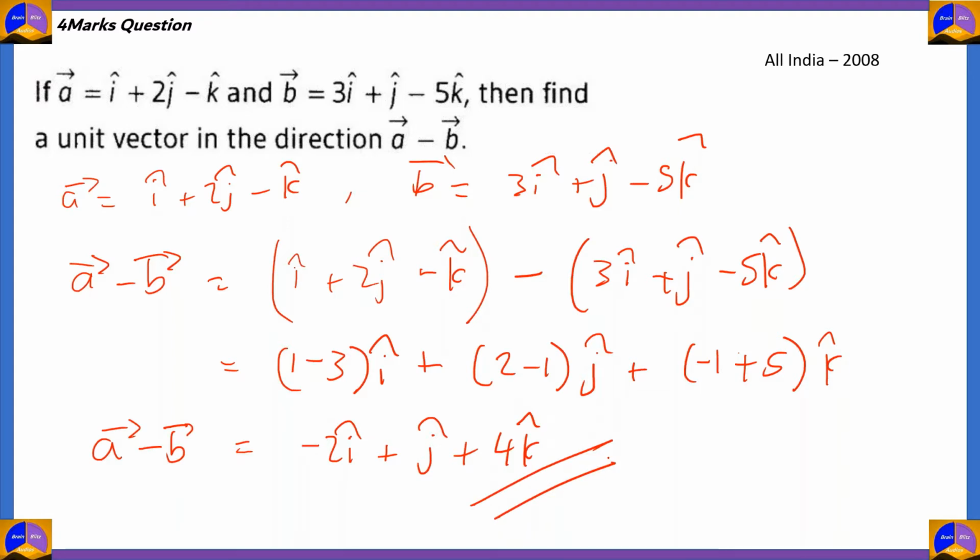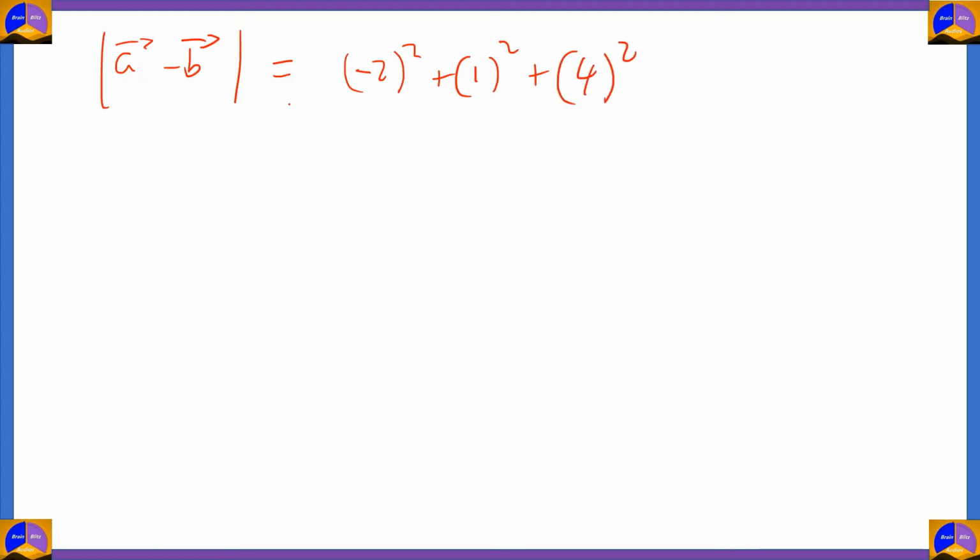And since we need to find the unit vector of a bar minus b bar, we need to find out the modulus of a bar minus b bar. And that should be simple, right? Modulus of a bar minus b bar will be equal to minus 2 the whole square plus 1 the whole square plus 4 the whole square and a big root.